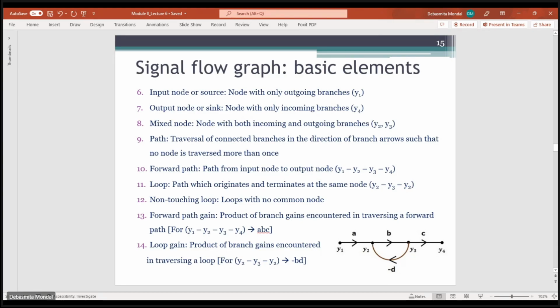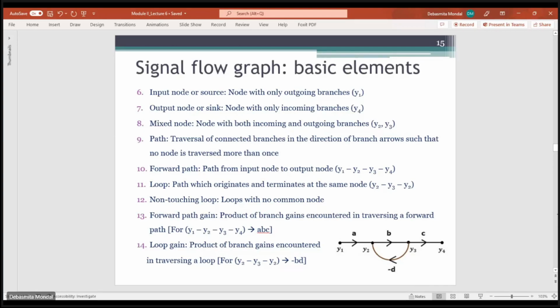Now, what is a path? A path means the traversal of connected branches in the direction of the branch arrows, such that no node is traversed more than once. If you start from y1, you move to y2, then y3, then y4. This is one path.